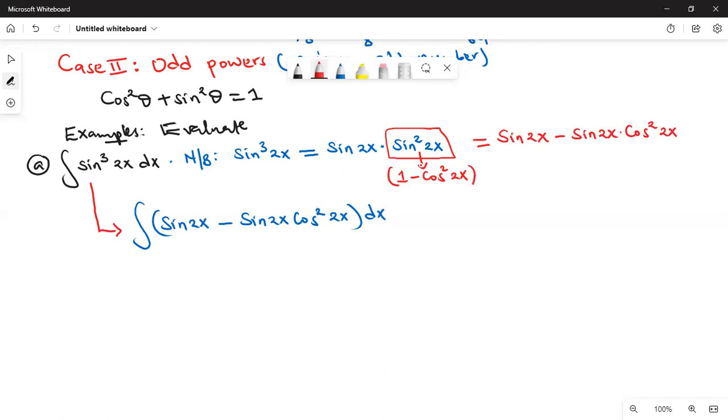So we can split this integral into two parts because of the linearity property of integrals. So this, the integral of sine 2x dx, let me write this in a proper manner, minus the integral of sine 2x times cosine squared of 2x dx.